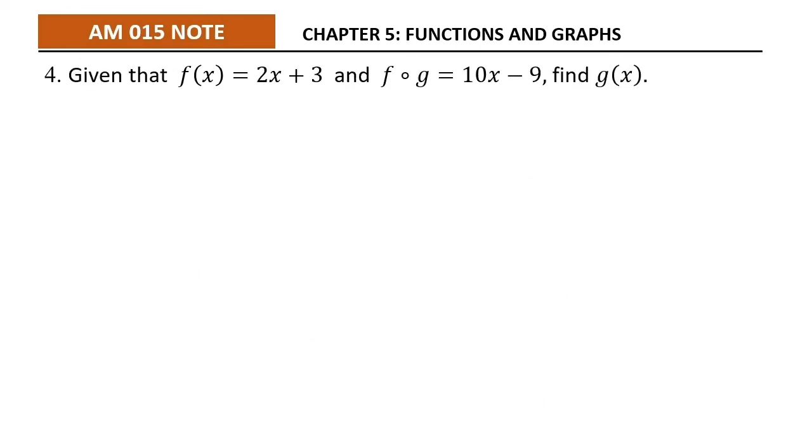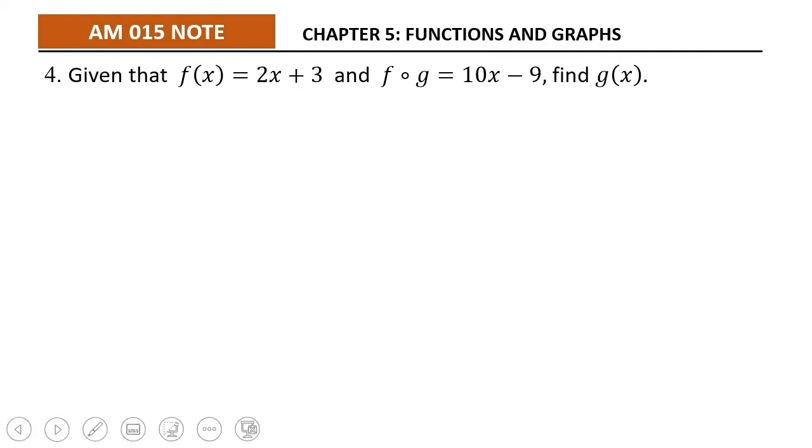Question 4, given that f(x) equal to 2x plus 3 and f of g equal to 10x minus 9, find g(x). So in this case, we have f and we have f of g. We need to find the inside function.